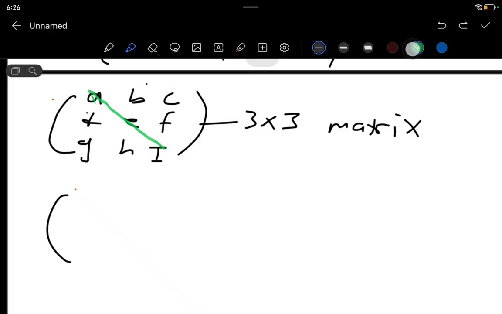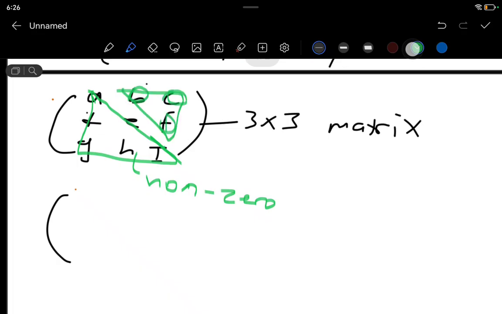And then the moment these ones are non-zero, and these ones are zeros, this is a lower triangular matrix. You see, right now, as I'm explaining.